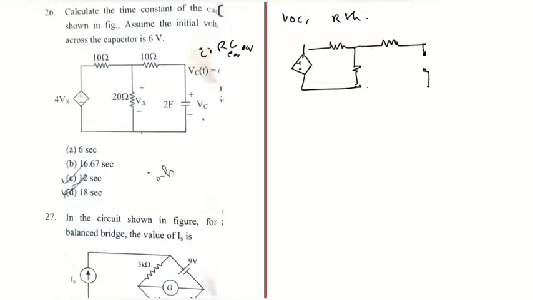So it will be VOC, 10 ohm, so minus Vx and 4 Vx. Here there are no other sources. Vx is actually the voltage drop across this 20 ohm resistance. I have to find out what VOC is.